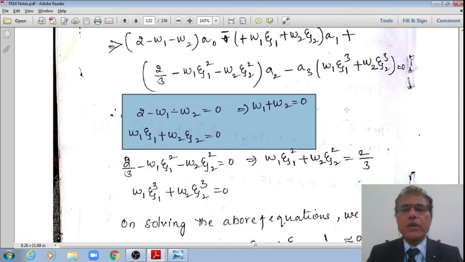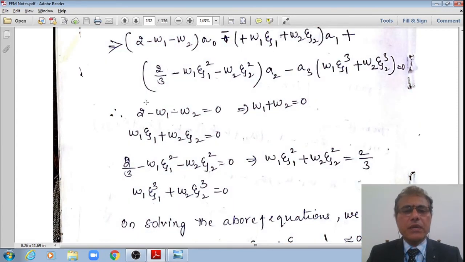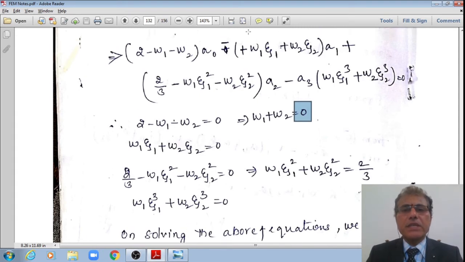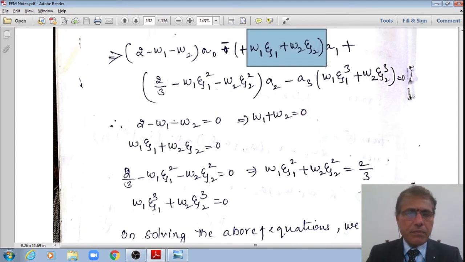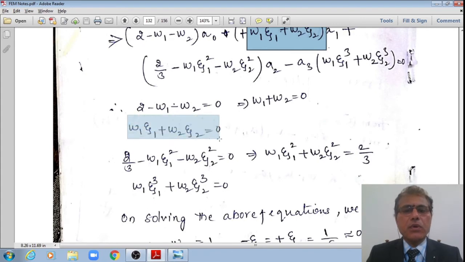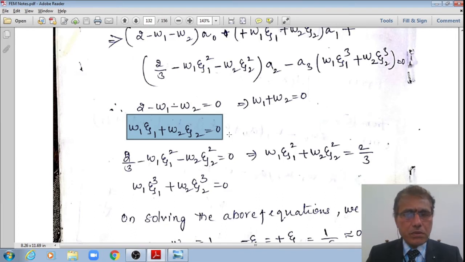Therefore, using that, I do have 4 equations for their coefficients. The first equation is 2 minus w1 minus w2 must be equal to 0, right? That gives w1 plus w2 must be equal to 2, right? Then the second equation is w1 multiplied by xi1 plus w2 multiplied by xi2 must be equal to 0.